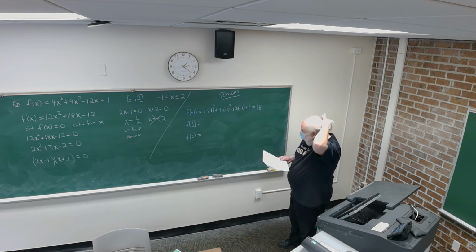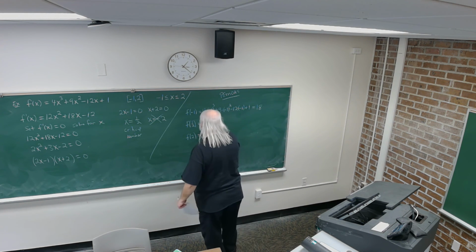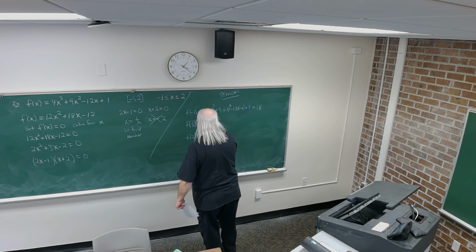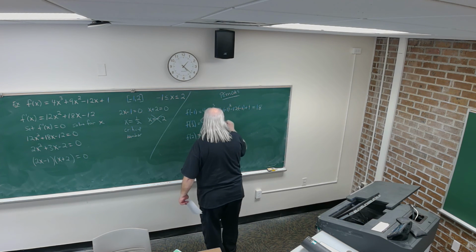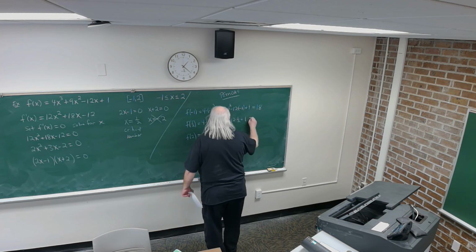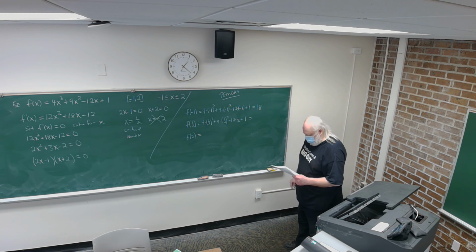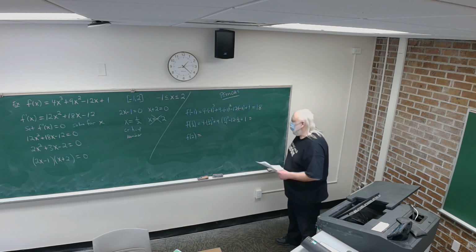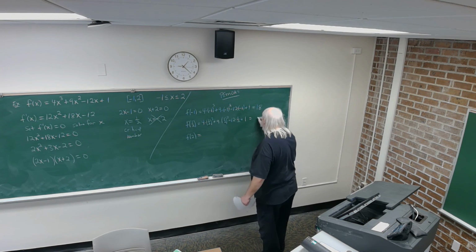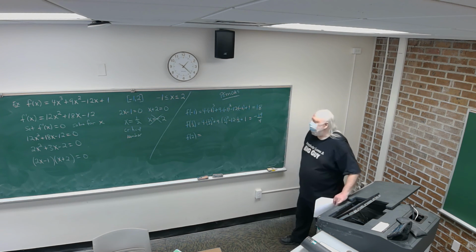Now f of 1/2, and now you have to deal with fractions: 4 times 1/2 cubed plus 9 times 1/2 squared minus 12 times 1/2 plus 1. When I perform PEMDAS, with a common denominator and all that, I got minus 19/4 for the value of the function at x equals 1/2.